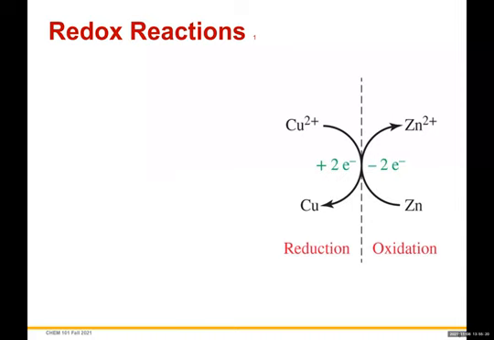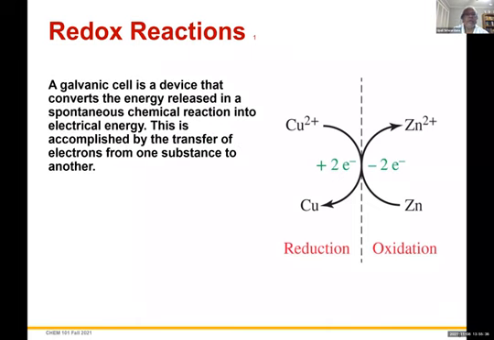So if you separate these two solutions through a salt bridge, we're going to look into this. A salt bridge is a small connector between two solutions. You're going to create a galvanic cell. A galvanic cell is a device that converts the energy released in a spontaneous chemical reaction into electrical energy.